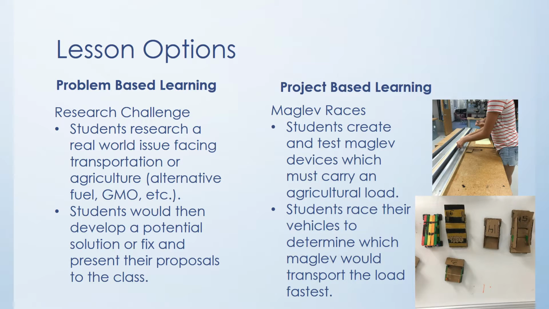And so those topics can range from alternative fuel sources like biofuels and nuclear energy and hydroponic technology of using water to generate electricity, or some students will look up GMOs and cloning and cellular reproduction in different aspects, anything that deals with transportation or agriculture or both. And then the students would develop a solution or a potential fix to this problem.